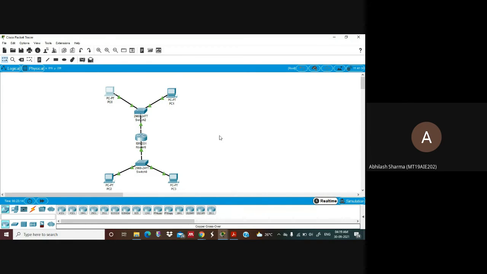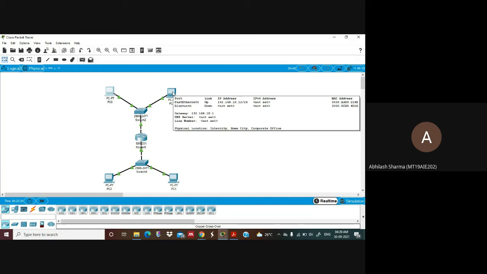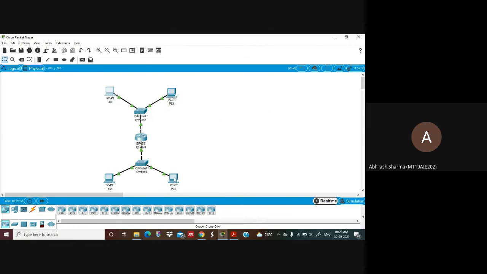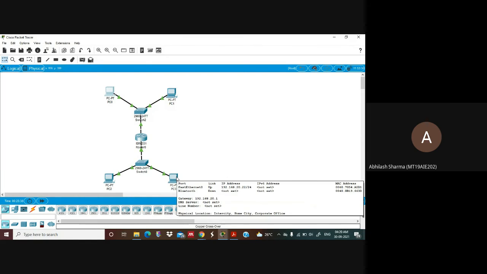Hi, welcome back. This is the network diagram for VLAN 10 and VLAN 20. The two PCs seen on top, PC0 and PC1, are VLAN 10, and PC2 and PC3 are VLAN 20. The gateway here is 10.1, and here the gateway is 20.1.